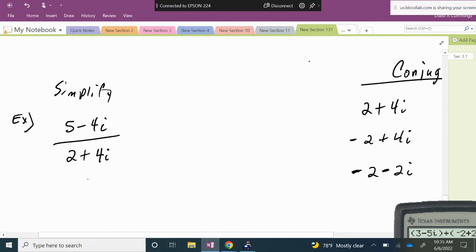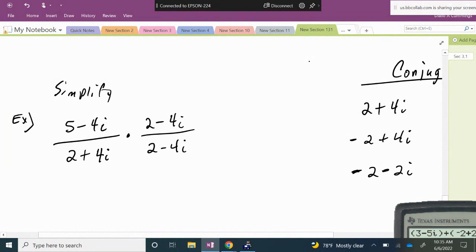We don't want this imaginary unit in the denominator. So I'm going to multiply the numerator and the denominator by the conjugate of the denominator. So if I look at my denominator, it's 2 plus 4i. So the conjugate of 2 plus 4i is 2 minus 4i.